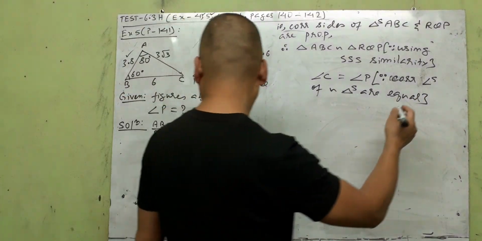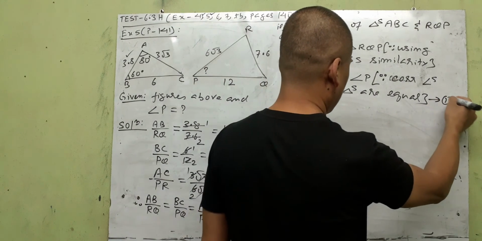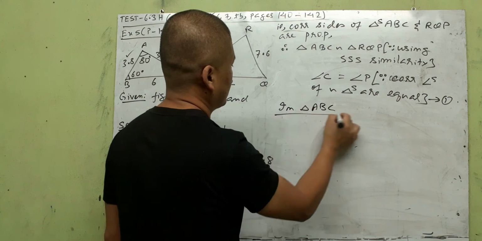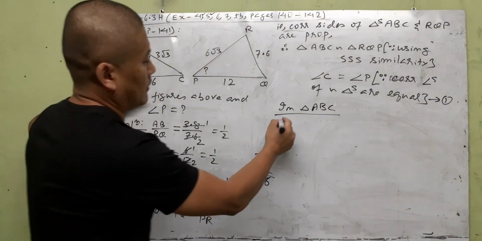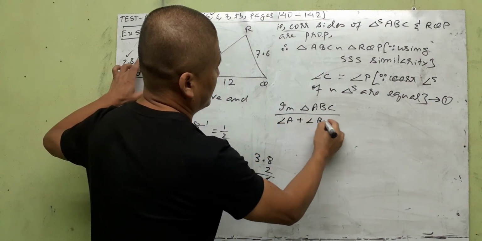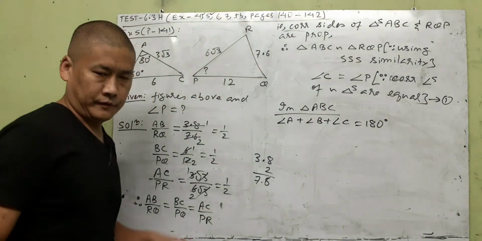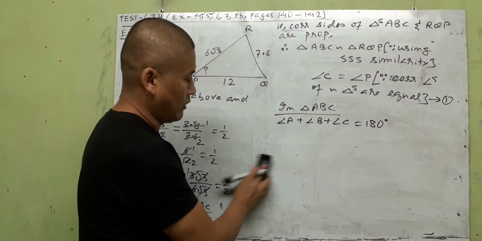Let's keep this aside for one moment, and write now in triangle ABC, a single triangle, first angle A plus second angle B plus third angle C will be 180 degrees. This is a very common theorem to us by now, right?